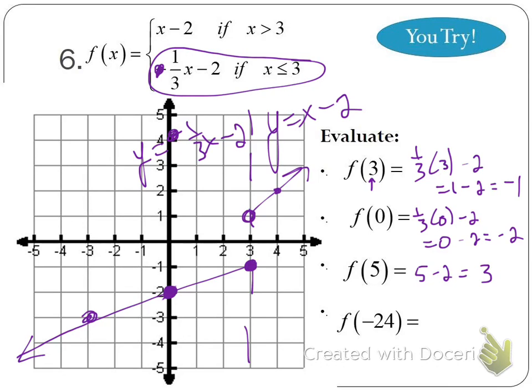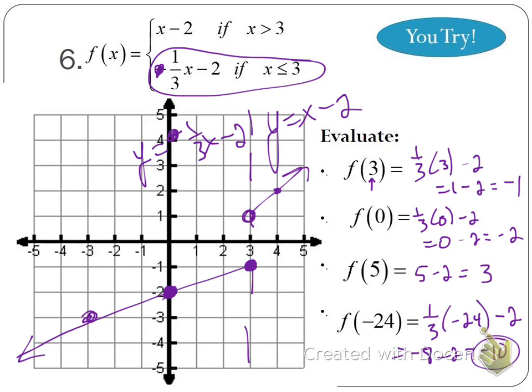F of negative 24, I can't use the graph, so we have to use the function. Negative 24 is less than 3, so that means that we're going to use the bottom equation. 1/3 of negative 24 is negative 8. Negative 8 minus 2 is negative 10, so the value of f of negative 24 is negative 10.